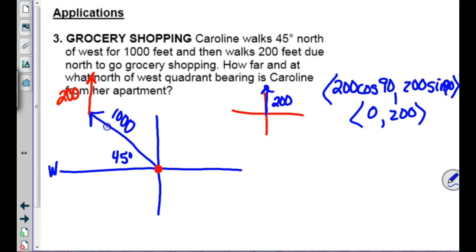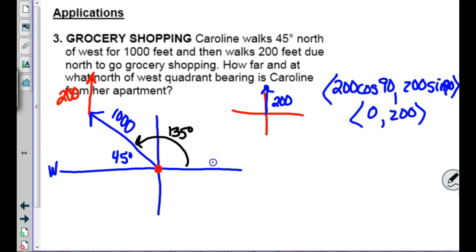Okay. Back here to this problem, her first little jaunt, we want to get the sign right though. So we're going to use the x off the positive x. So that would be 135, 180 minus 45. Everybody okay? Or you can just do 1,000 cosine 45 and sine 45, but you're going to have to remember that it was to the left.